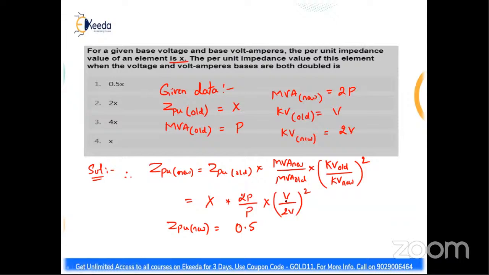We multiply 2 divided by 4, so it will be 0.5x pu. So the right answer is 0.5x, that is option 1. Okay, 0.5x is the right answer here.